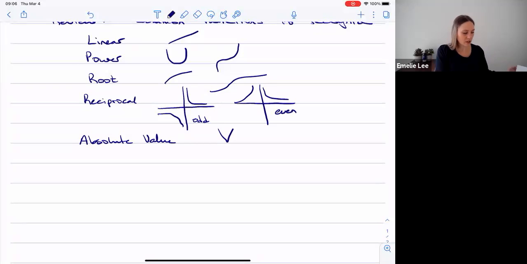Nice. And then we talked about how graphically, we can identify whether a graph represents a function if it passes the vertical line test.